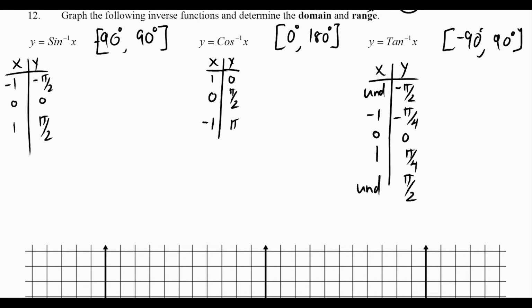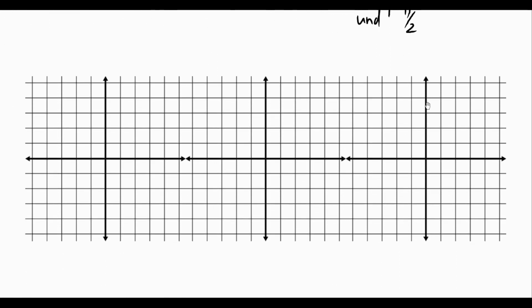So if I start graphing these, let's move this down. What I'm going to do is I'm going to make each y tick mark right here going to be pi over 2. So the first one, that's still going to be 1 mark. So this is going to be negative 1, 0, 1. And when I graph this, I should get something that looks like this.